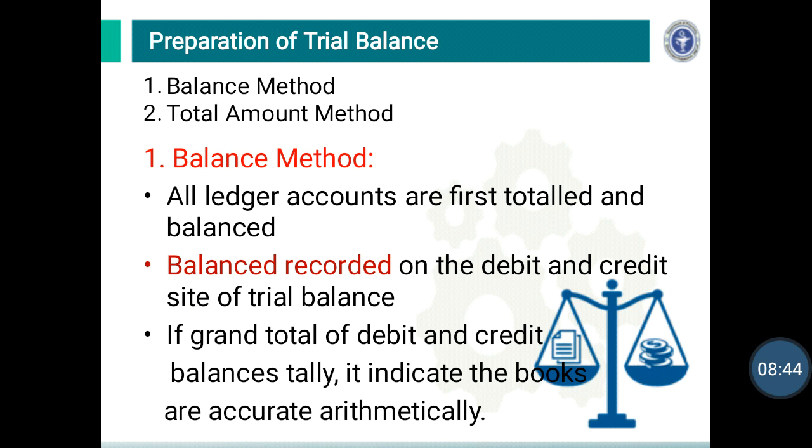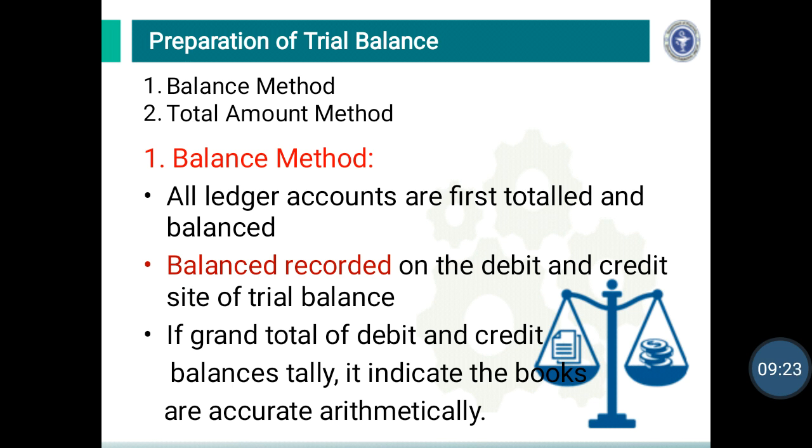Then the balances are recorded on the debit and credit side of the trial balance. So whatever balance is there on the debit side or on the credit side in an individual ledger account, directly that is posted in the debit and the credit side of the trial balance. And if the grand total of the debit side and credit side in a trial balance tally, it indicates that the books are accurate arithmetically.